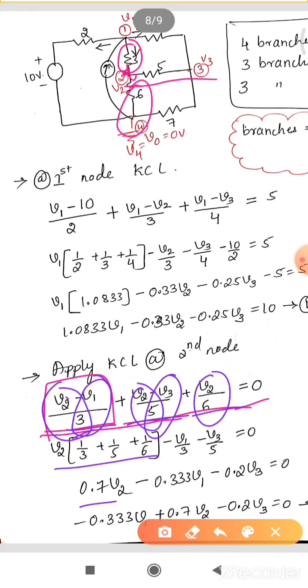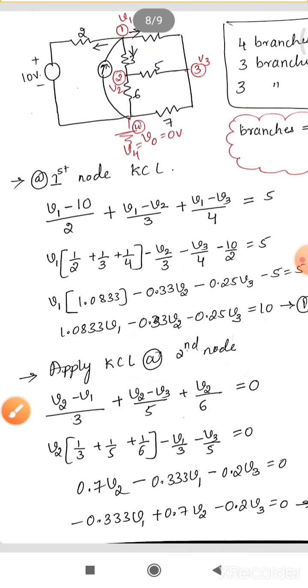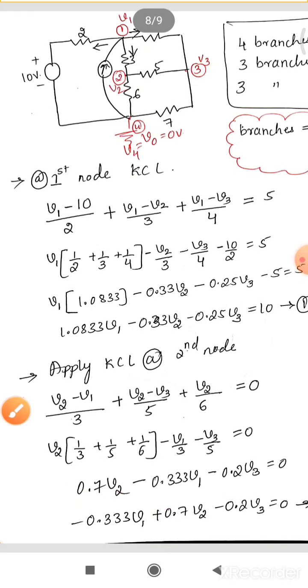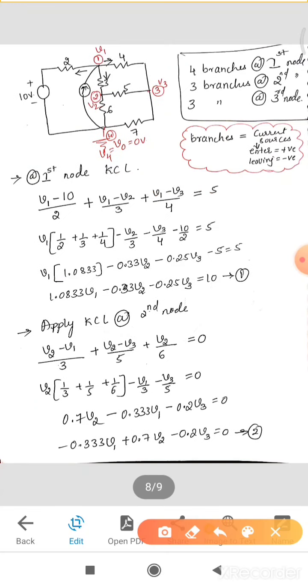Simplify this, you get 0.7 V2, minus 0.33 V1 and minus 0.2 V3. Okay, so just rearrange the terms. First I will write V1, next V2, and then V3, which is equal to 0. This is your equation number 2.